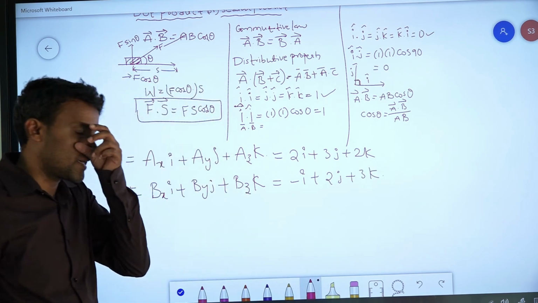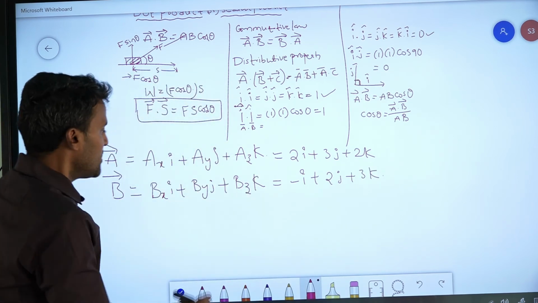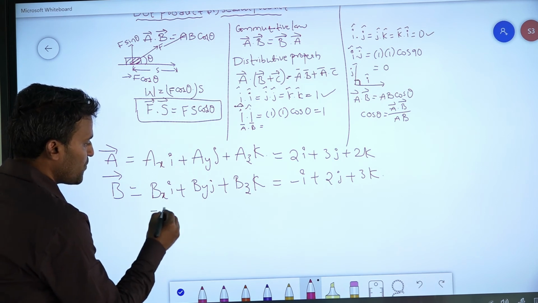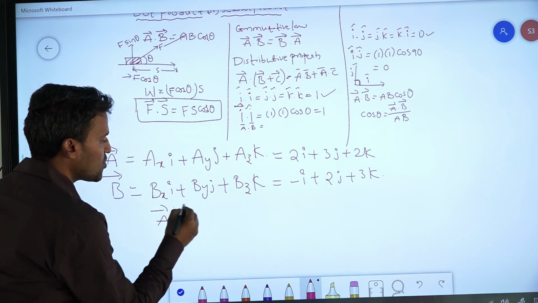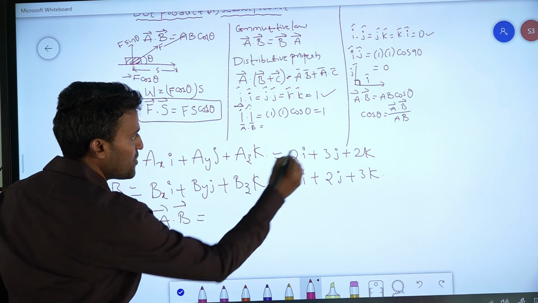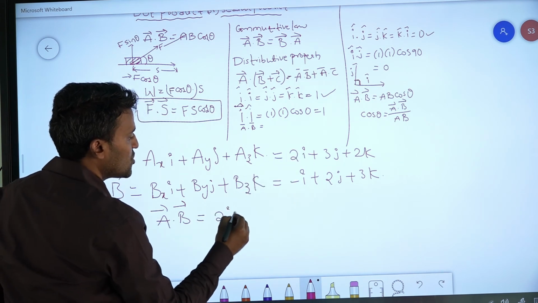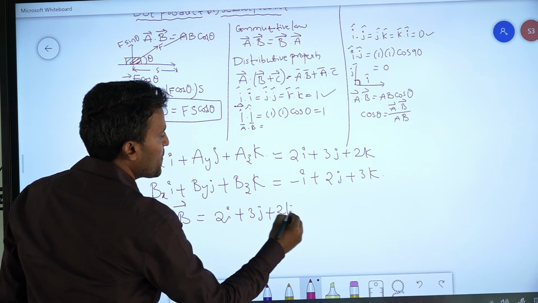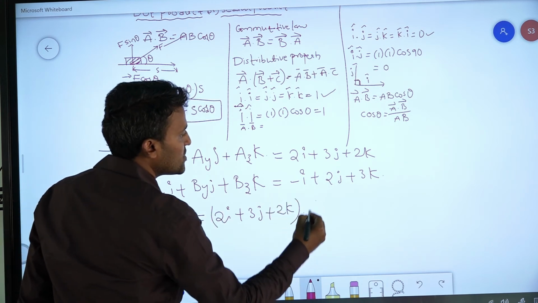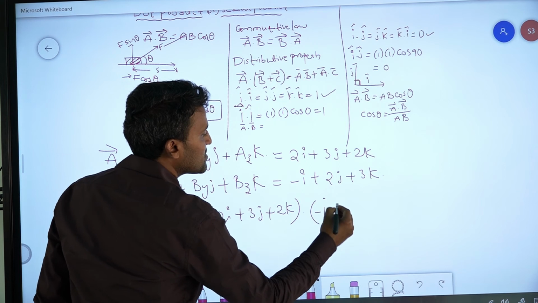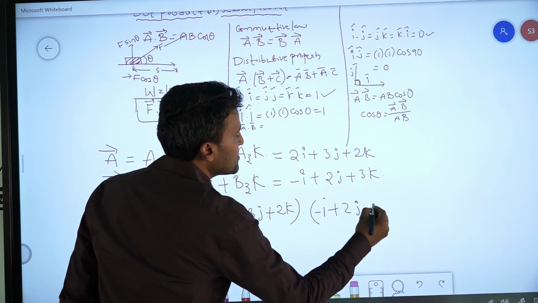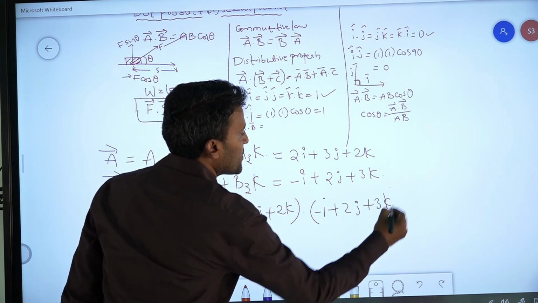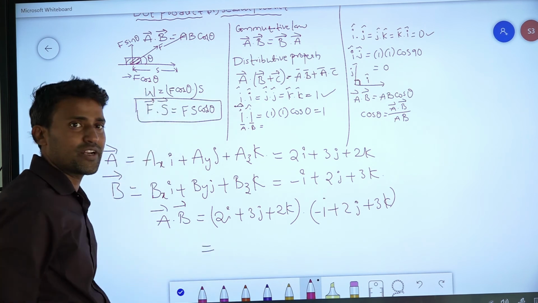Just I will tell like this for your easy understanding. Now a dot b is equal to first a, that means 2i plus 3j plus 2k dot minus i plus 2j plus 3k. Now how can we write this?